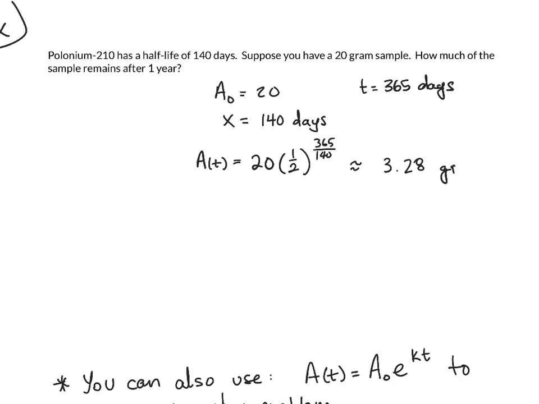Now I want to show you this exact same problem using a relative growth rate model. Even though there was no relative growth rate given, there was a half-life given. We can still use that information to create a relative growth rate model.